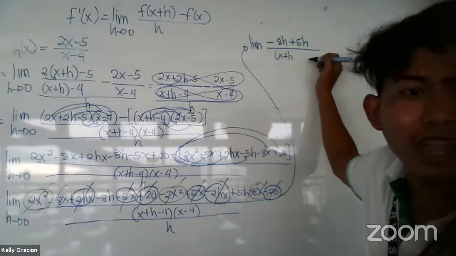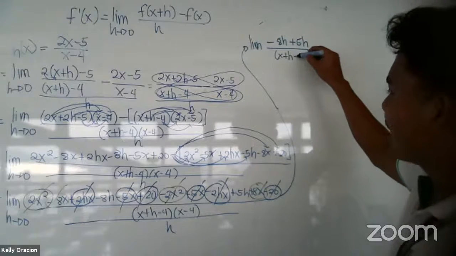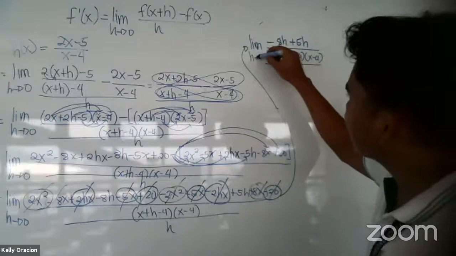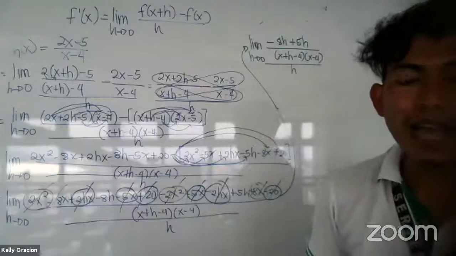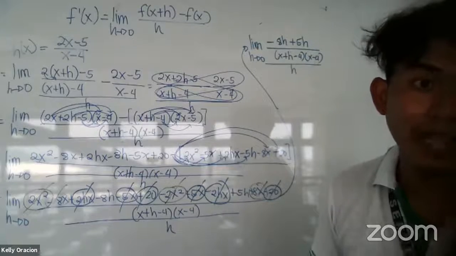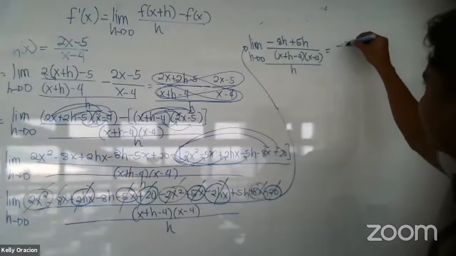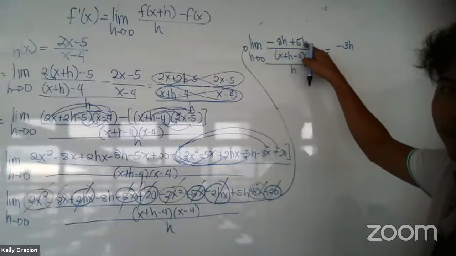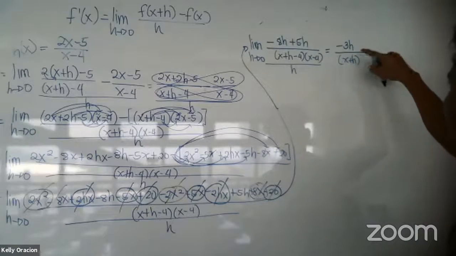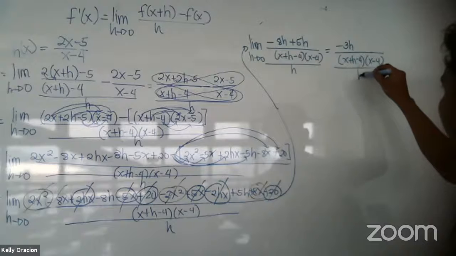You can put the CPD: x plus h minus 4, then x minus 4, all over h. Class, just apply what I said: the CPD only ends once the numerator can be cancelled or factored to cancel the h. So simplify this one. Negative 8h plus 5h is negative 3h over x plus h minus 4, x minus 4, over h.